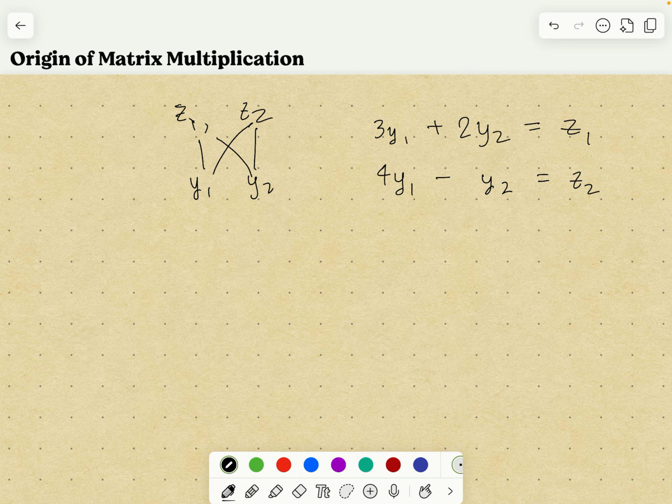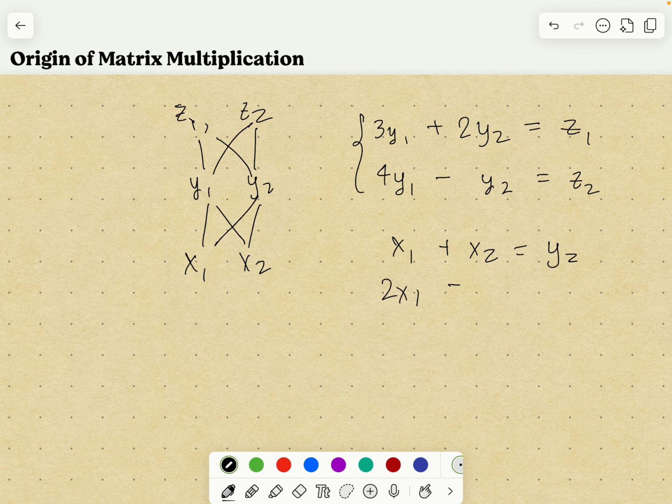Now let's say that y1 and y2 are themselves functions of x1 and x2. So y1 is a function of x1 and x2, y2 is a function of x1 and x2. Say x1 plus x2 equals y1, and 2x1 plus x2 equals y2.